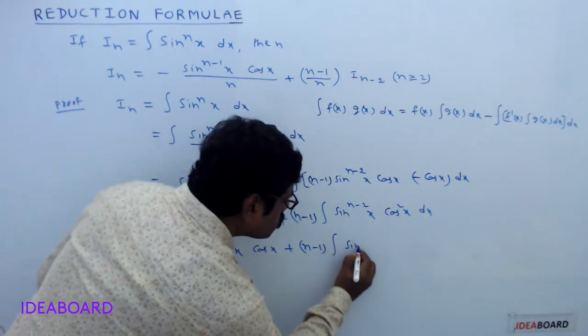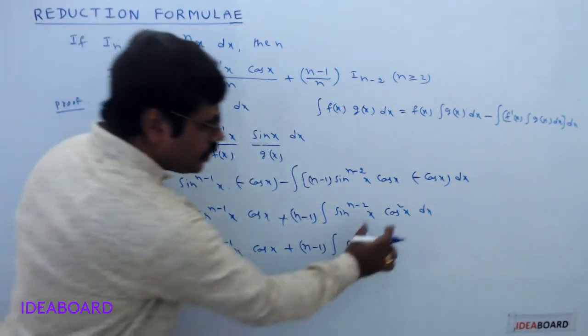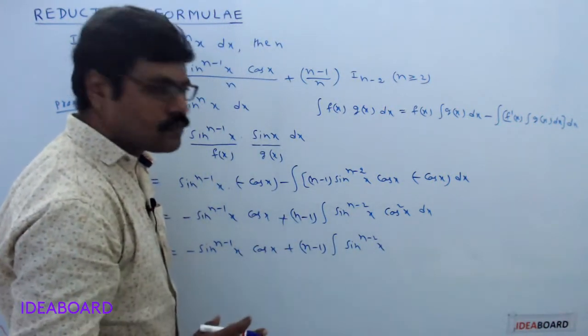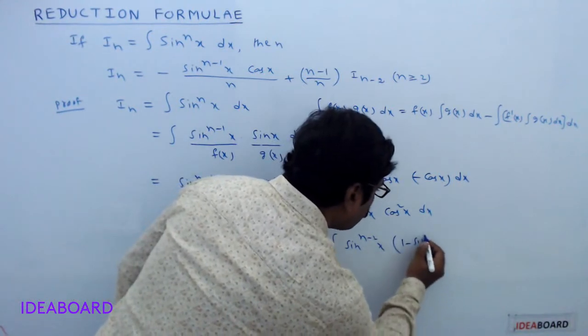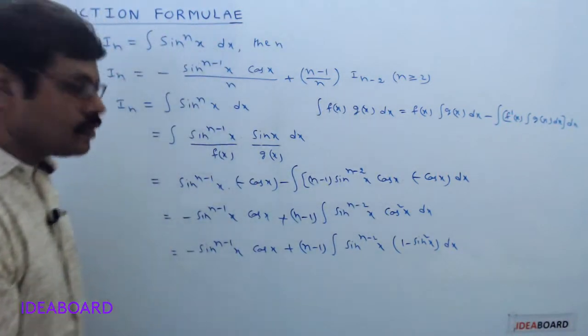integral sin^(n-2) x into cos square x, which can be taken as 1 minus sin square x. So in place of cos square x, write 1 minus sin square x dx.